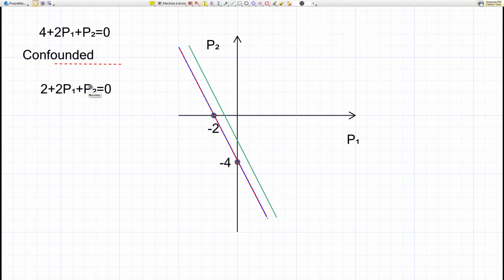Just check: if P2 equals 0, then P1 equals -1. Yeah, that's all right.